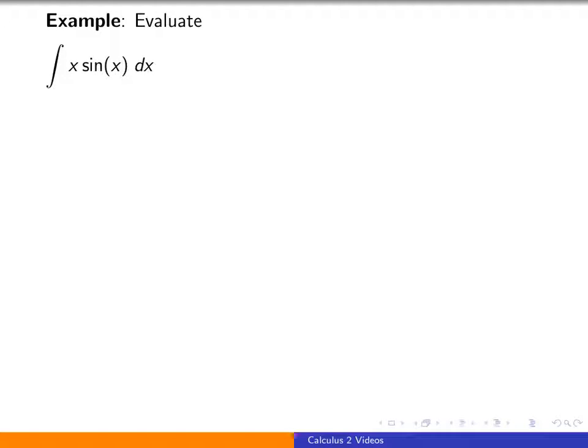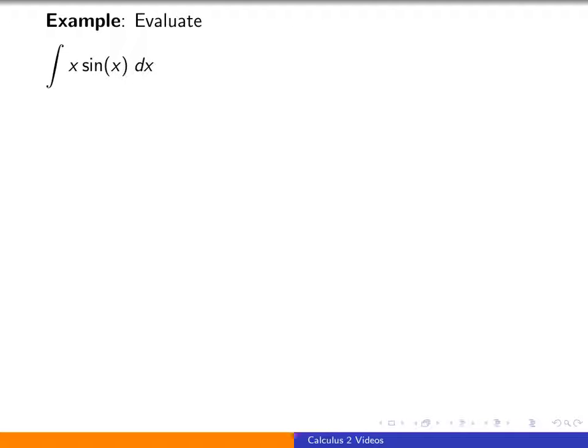So a second example that has a very similar form to it, we have x times a function. And when we have x times a function, it's reasonable to try integration by parts, just like we did in the previous example, by letting u be equal to x and dv being the remainder of the integrand. So let's try it.